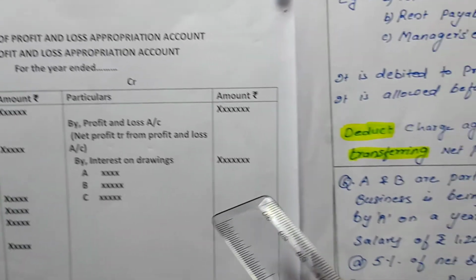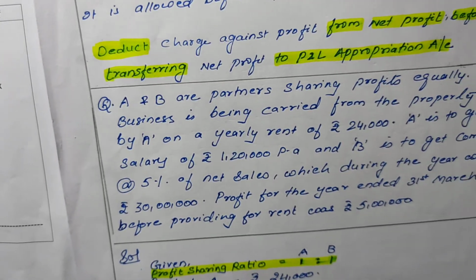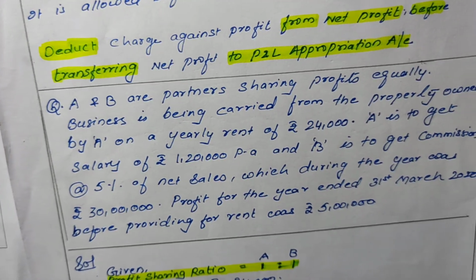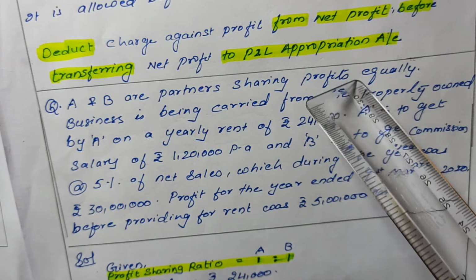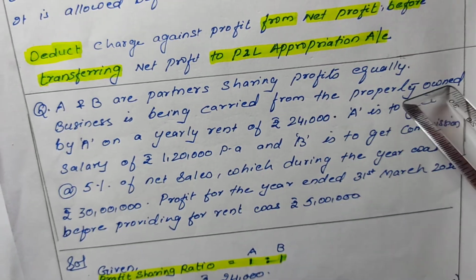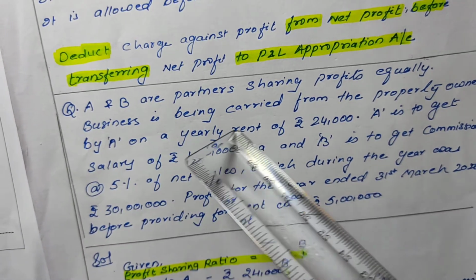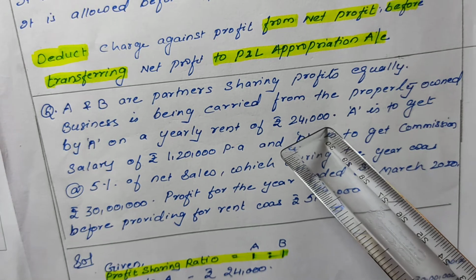Now let's solve a problem regarding this. Here you are given A and B are partners sharing profit equally. Business is being carried on from the property owned by A, but on a yearly rent of rupees 24,000.